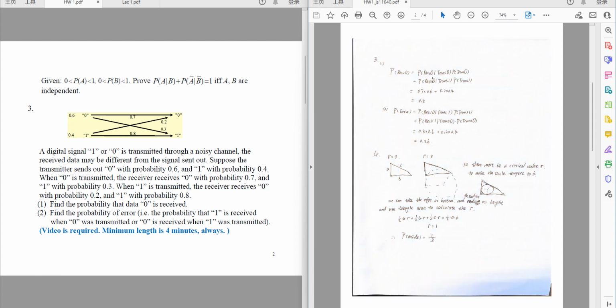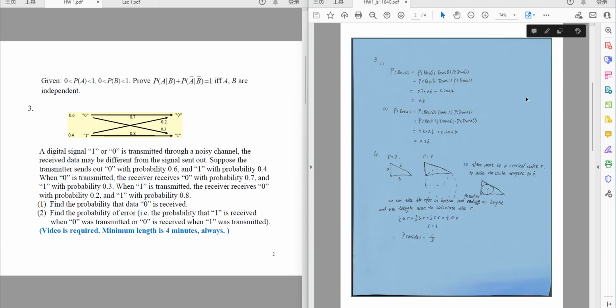And so is the probability of sending a 1 and then receiving a 0. So we can get this equation, and finally we got the probability of receiving 0 is 0.5, which is half.